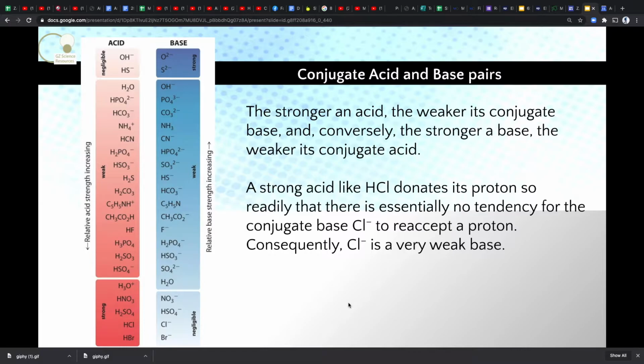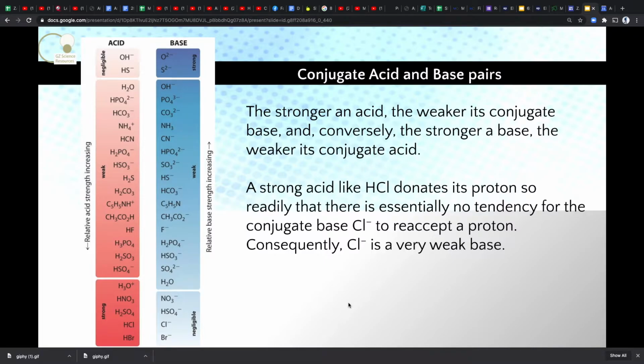Wait, walk me through the opposite. I get the one with the Cl, but the other way around? So if you had a strong base, like O2 minus at the top of the list, it's really good at accepting hydrogen ions, so it'll form OH minus. But we know OH minus is the conjugate acid of O2 minus. It's kind of weird to think of hydroxide as the conjugate acid of something, and that's normal, because hydroxide isn't going to donate its one hydrogen anytime soon.